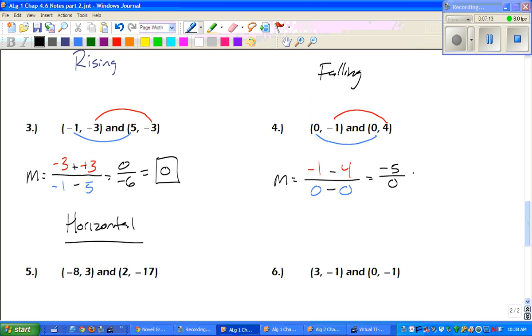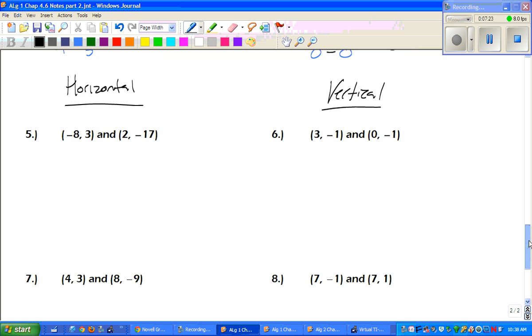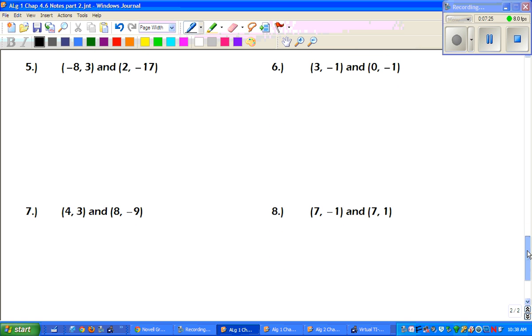So that means this is undefined, which means we have a vertical line. All right, number 5 and 6, you guys are up. Please pause the video. Remember to write if it's falling, rising, horizontal, or vertical. Okay, and I'll check back in with you in just a minute.